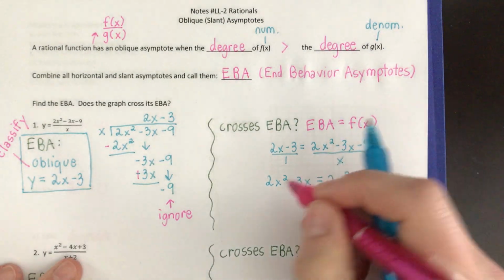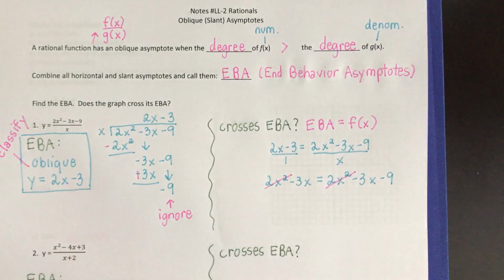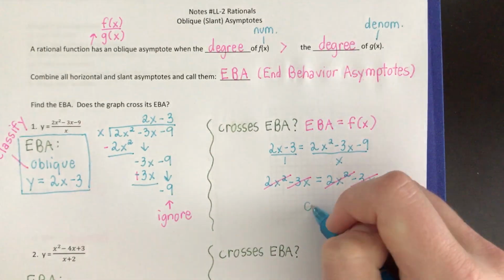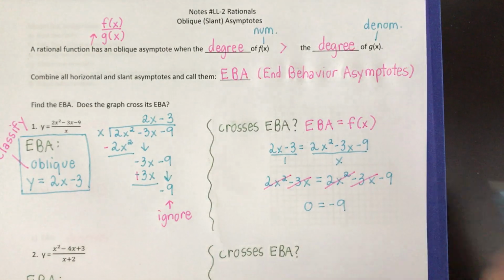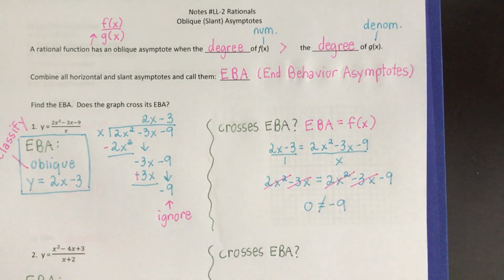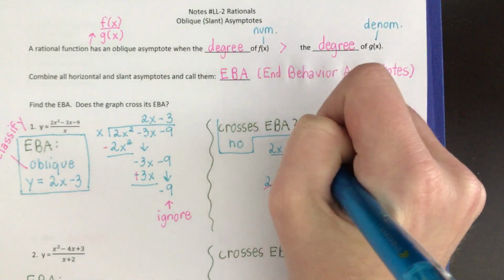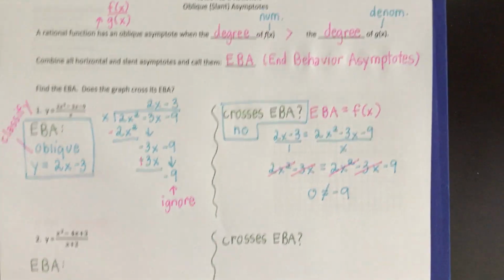Okay, and then the nice thing is the 2x squared and the 2x squared eliminate. The negative 3x and the negative 3x eliminate. So on the left you have 0 equals negative 9. And of course that's not a true statement. So our answer here for crosses EBA would be no, does not.